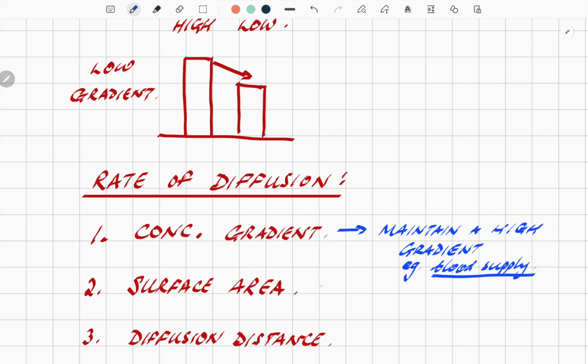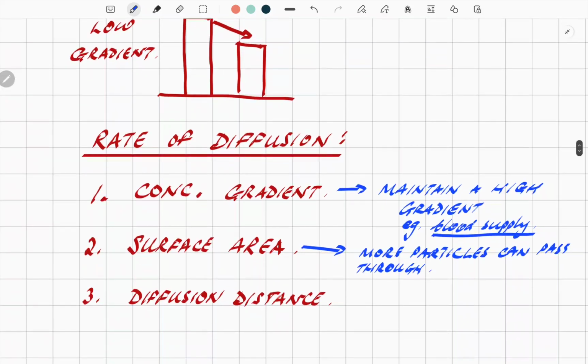All right, surface area. Again, sticking with the lungs. Surface area means more particles can pass through at the same time.